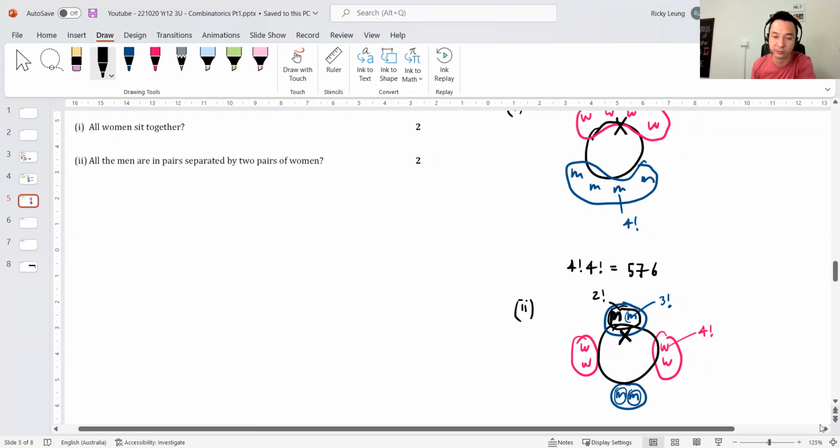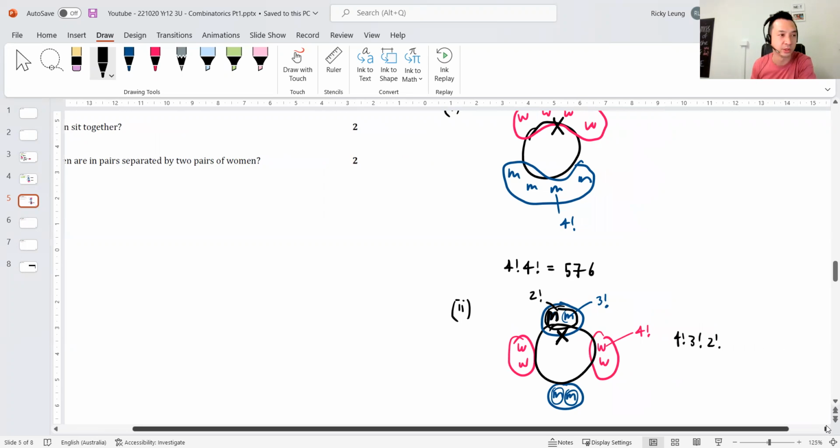That's 2 factorial. 3 factorial represents the 3 other men that get placed once you lock down the 1 man. And once the men are taken care of, women, 4 factorial. So the final answer should be, let me just check this to make sure I'm not making up garbage, 4 times 3 times 2 factorial. Let's check it out on the calculator.